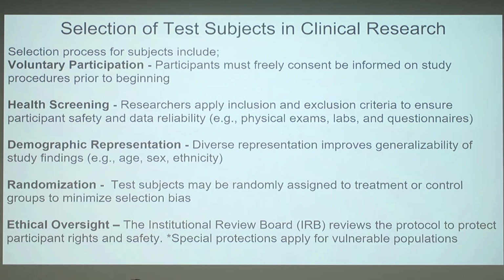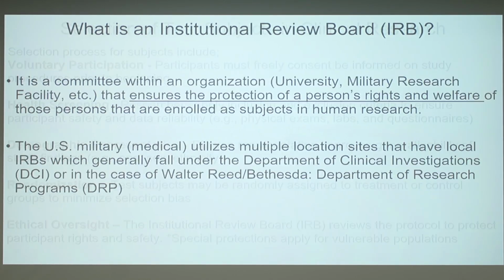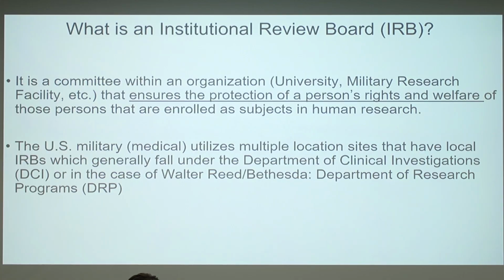The criteria here, 5 pillars: voluntary participation, screening of the patient, including the different demographic representation of the population that you're studying, and then of course the ethical oversight. The Institutional Review Board protects humans, in particular vulnerable populations. And we're going to talk about some historical cases as to why this became important.